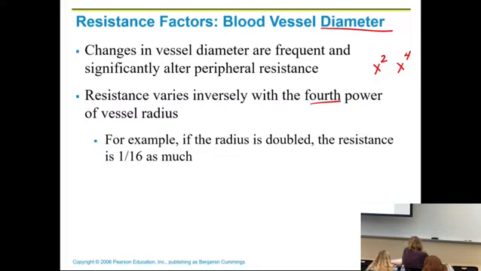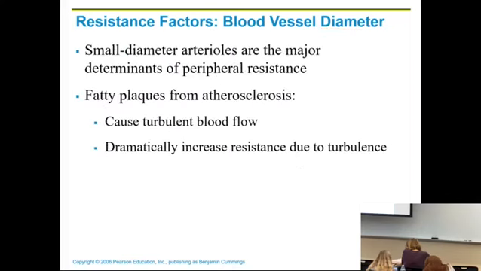So it scales it up really fast, or it reduces that resistance very fast as well. You don't need to know that in terms of a number, is it to the 4th power, is it the 3rd power, or whatever. But you do need to realize that even small changes in diameter, which we always are making, have big changes in terms of resistance and blood pressure and flow.